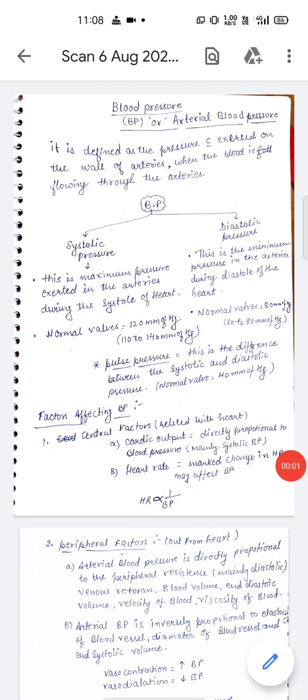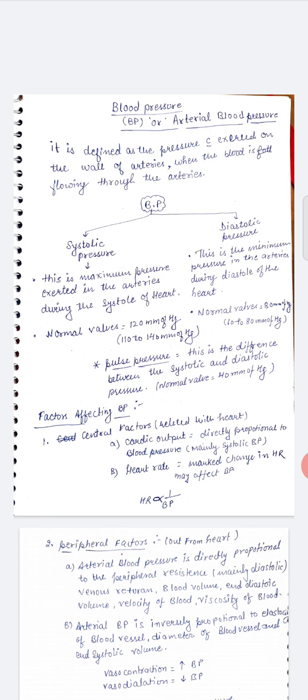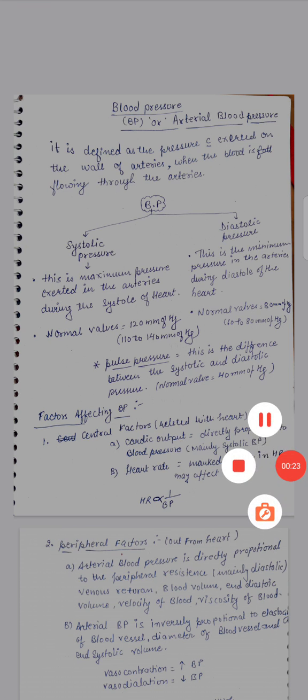Hello students, in this video lecture we are going to discuss blood pressure. It is also called arterial blood pressure, or in short it is known as BP. It is defined as the pressure exerted on the wall of arteries when the blood is flowing through the arteries.